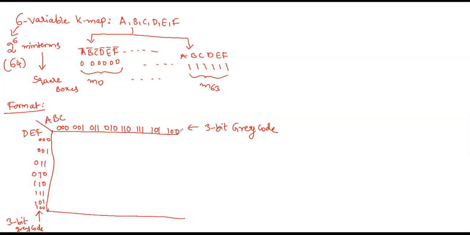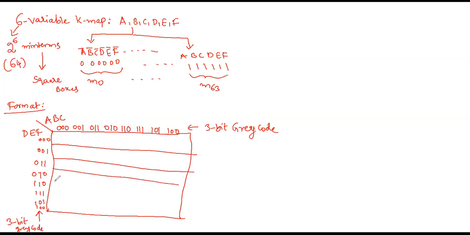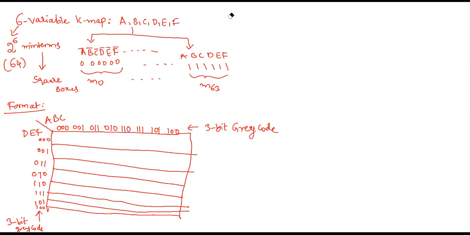Now form the boxes. We'll get totally 64 square boxes. And the drawback of the K-map is that as the variables increase, solving the expression with the K-map is difficult.